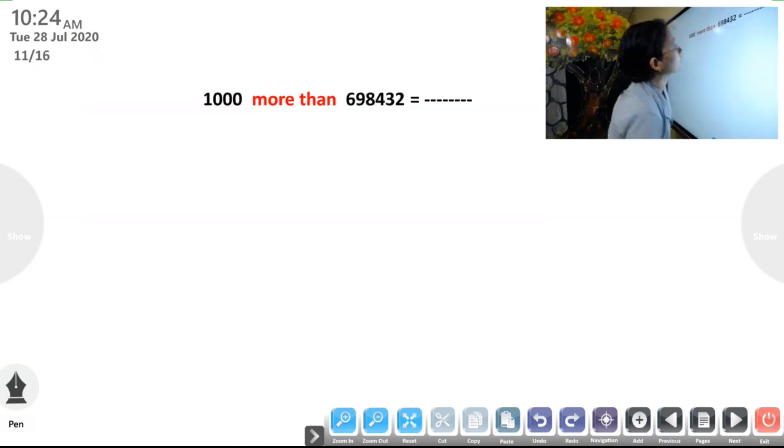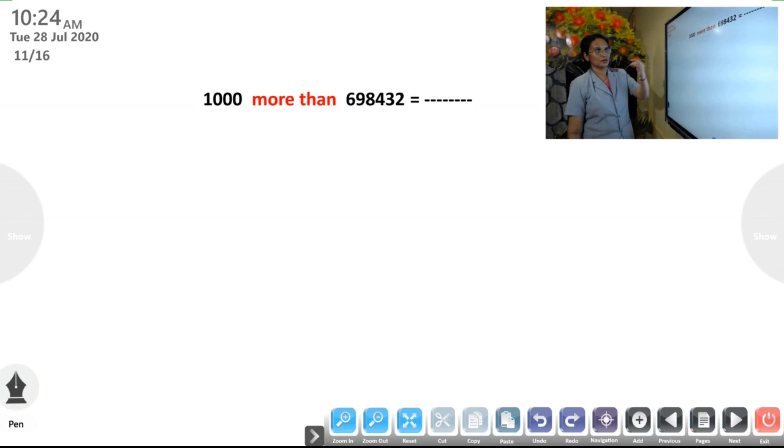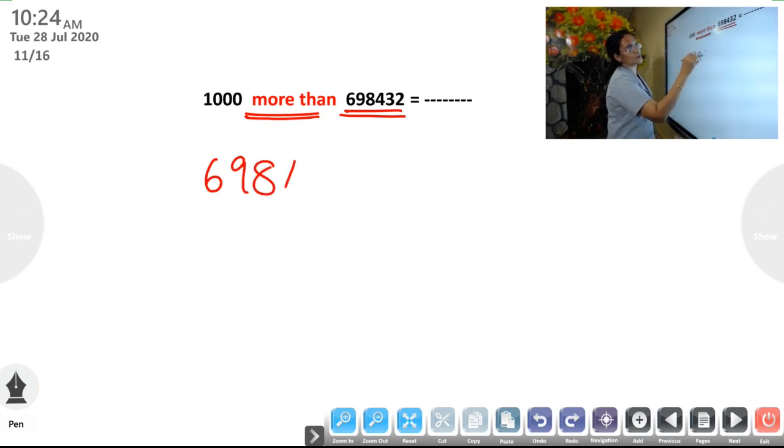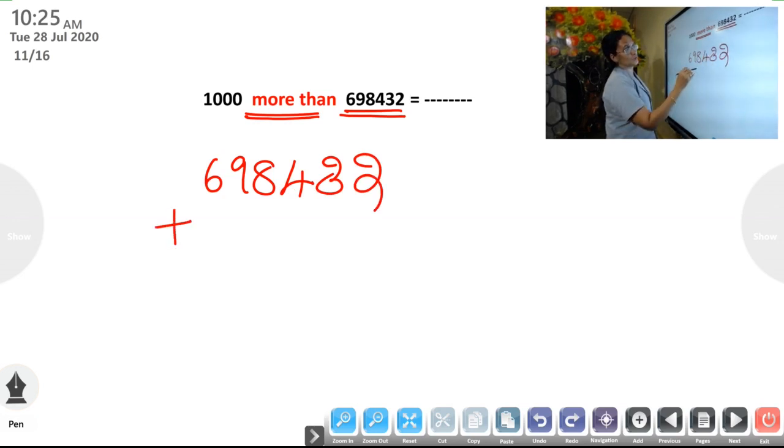Now next question. 1,000 more than 6 lakh 90,432. 6 digits are there. So it is 6 lakh 98,432. More than means what? You have to do addition. Okay. So in the working column you can do addition. 98,432 plus 1,000. 1 you write in the thousands place.